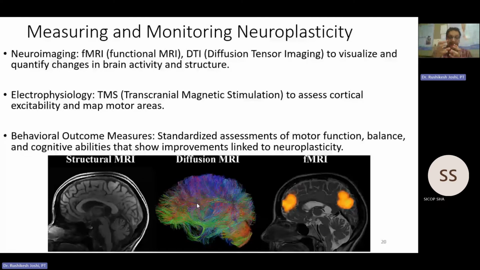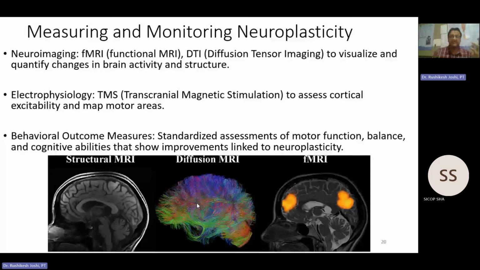All right. So the MRI will literally show the reduction in the size of that ischemic area, which was seen earlier after stroke. But after a few months of exercises and after a few years of neuro rehabilitation, the size of the ischemic part is reduced and the activation of that part has increased.